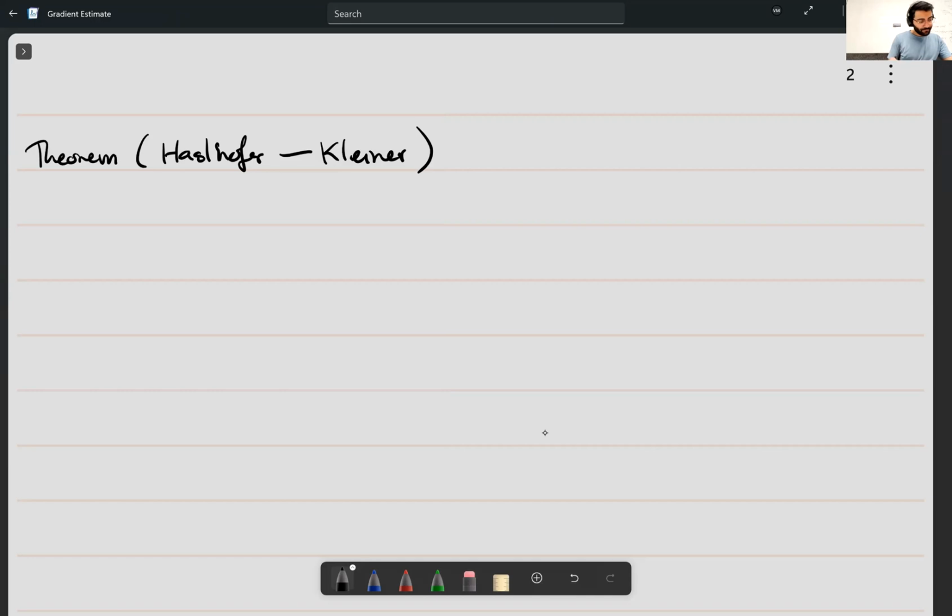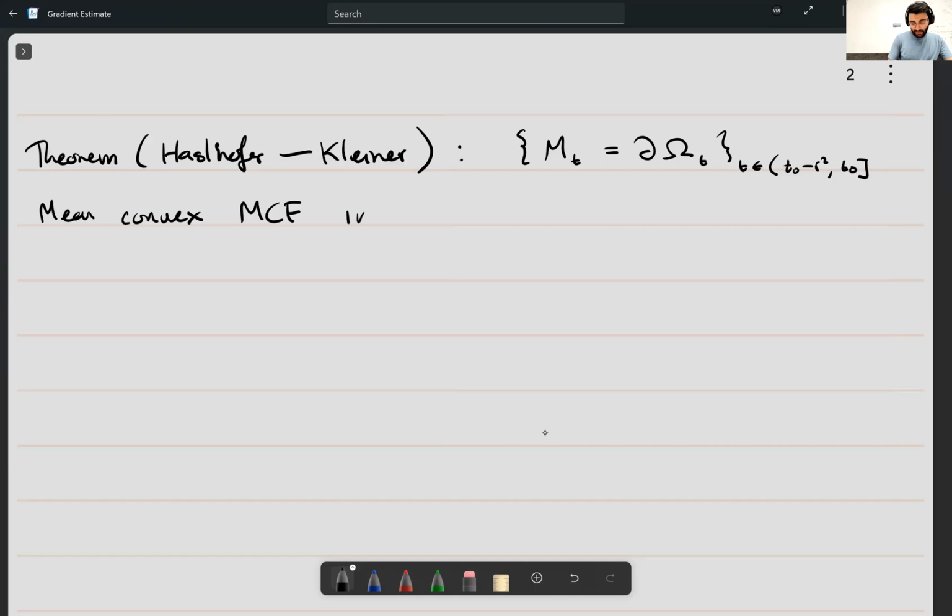So suppose we have a family of surfaces M_t, which I'll write as the boundary of some compact set Omega_t, for t in a small parabolic neighborhood (t0 minus r squared, t0), a mean convex mean curvature flow in R^(n+1).